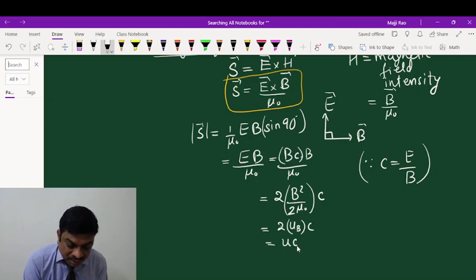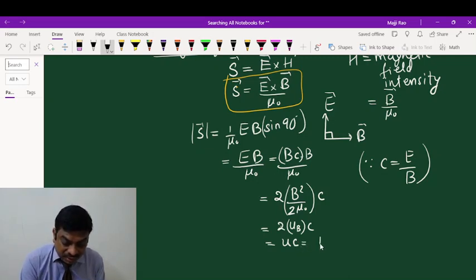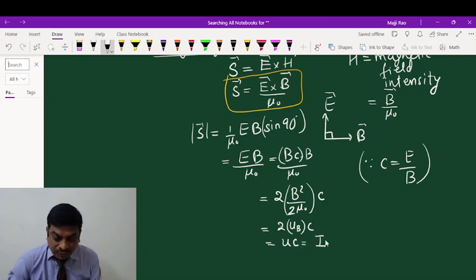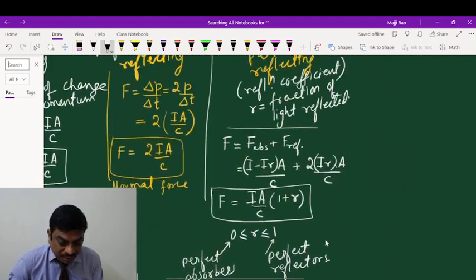And total energy density into C is equal to the intensity of the wave.